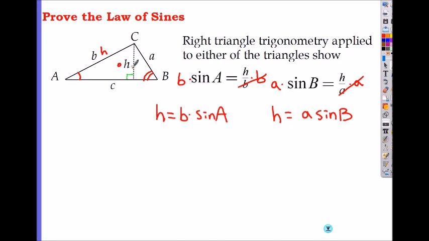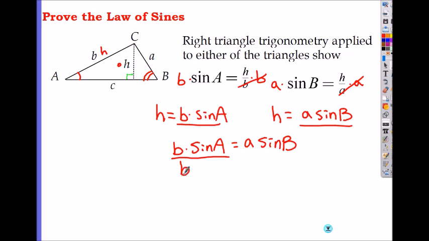So if they're both equal to h, can I set these two equal to each other? Substitution. So I write b times sine of A equals h, which is again a times sine of B. In order to keep the sine of A and B on top, I'm going to divide by b and a.